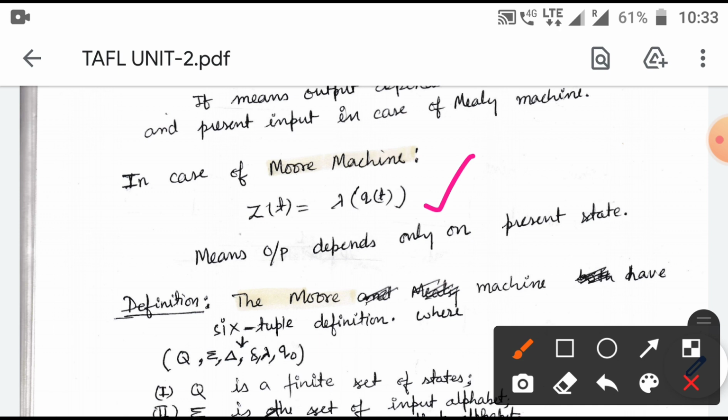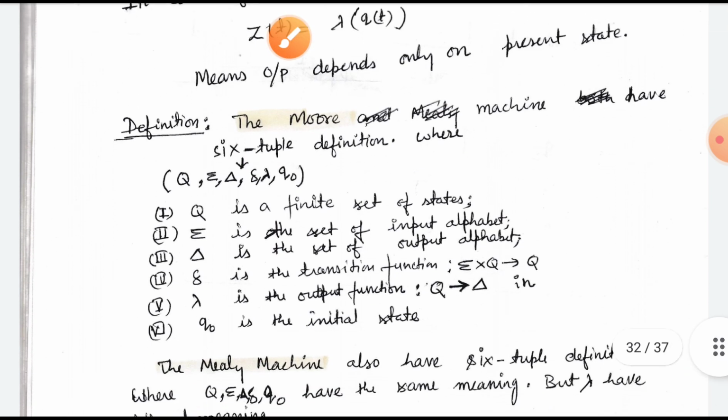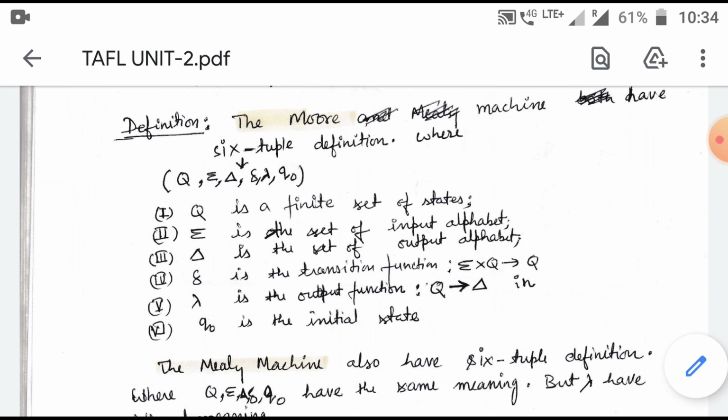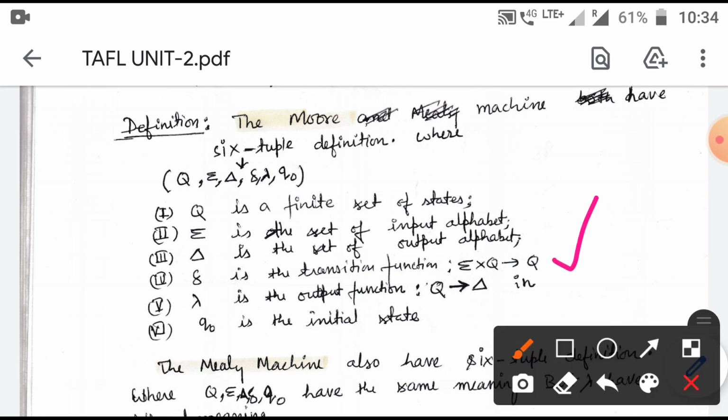So the output function will be a function of the present state, and the 6 tuple definition of the Moore machine is given below, in which capital Q and the summation symbol, that is sigma, the input alphabet set, have the same sense as in finite automata, and delta is the output function, output alphabet set, and this delta is denoting the transition rule.